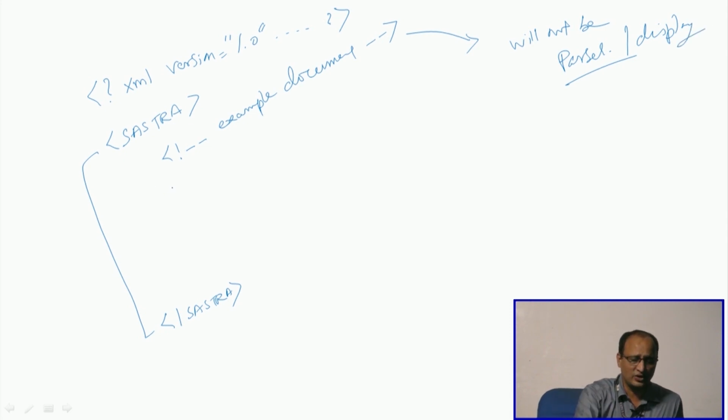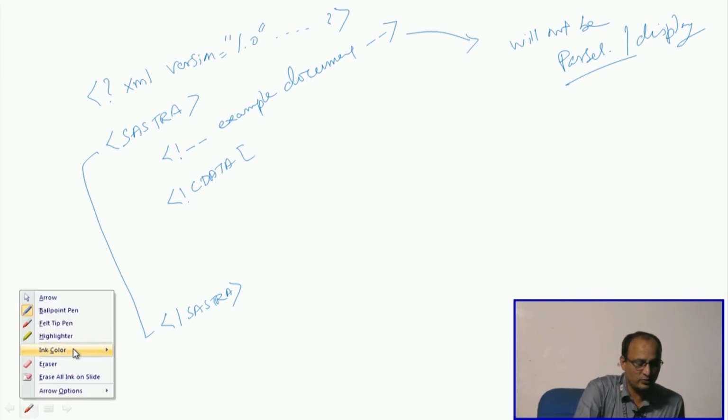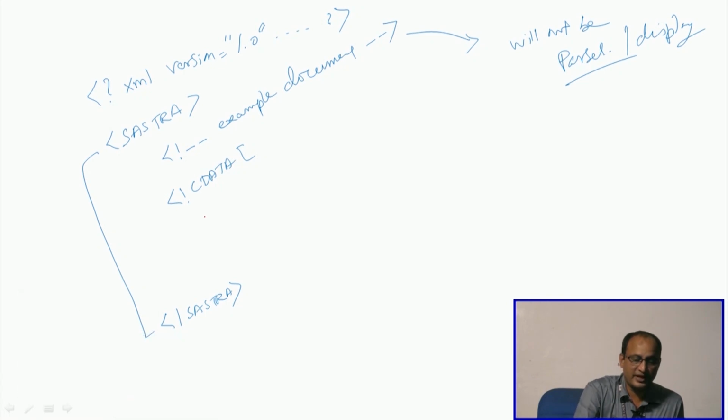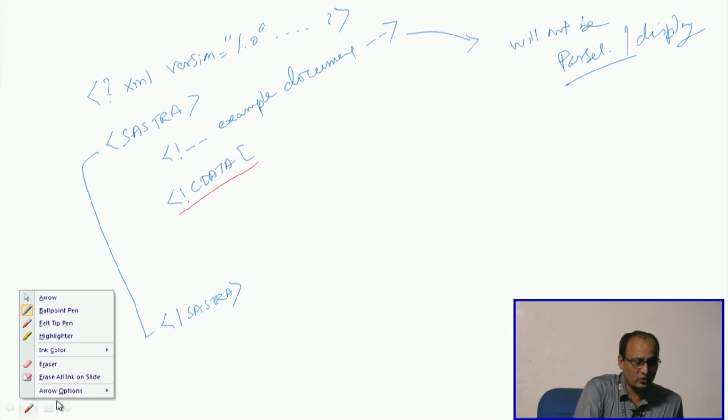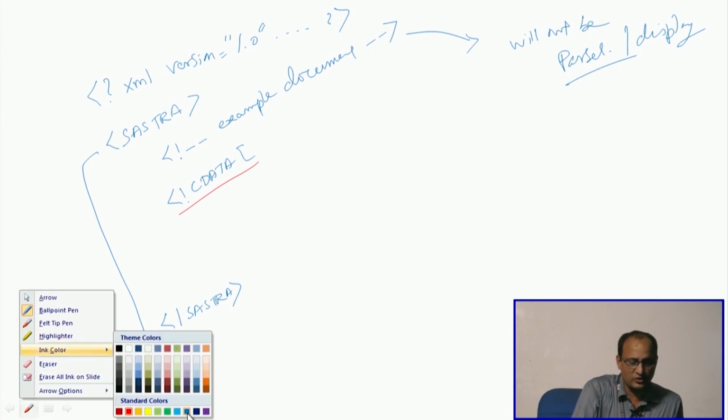But if I include the same, exclamation CDATA opening square bracket, as we have specified. What is this? This is the opening tag for character data, and the closing tag we have to include.